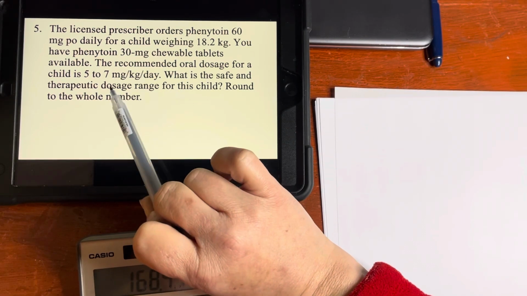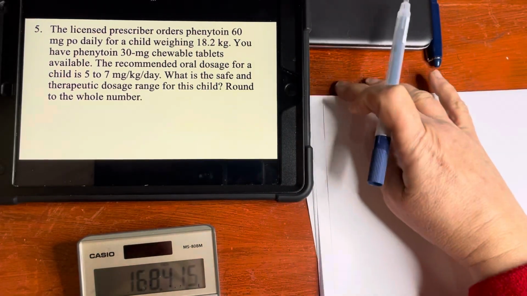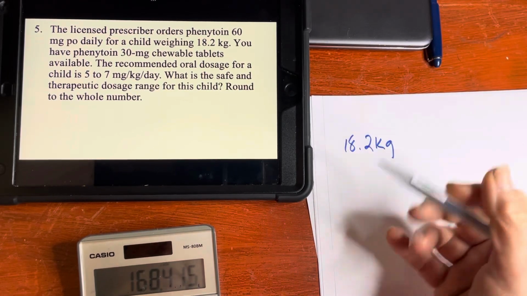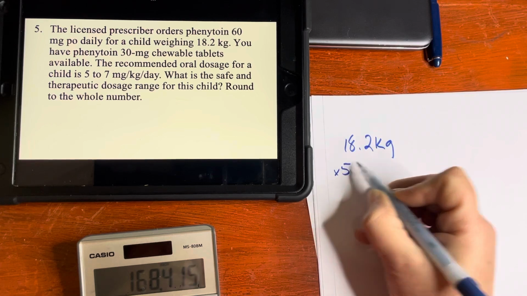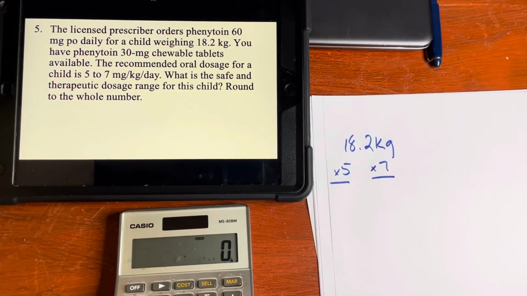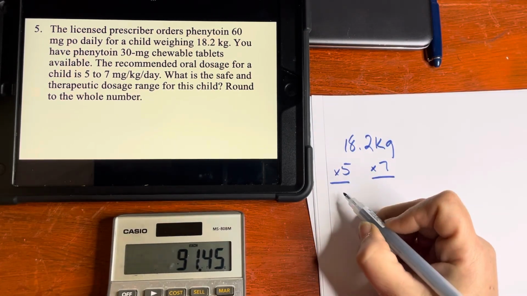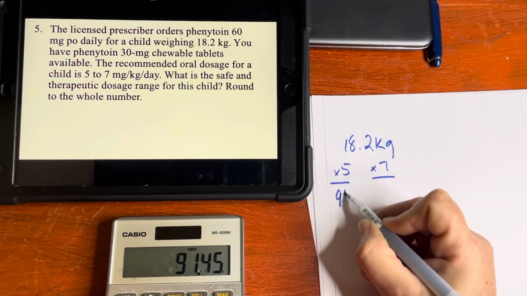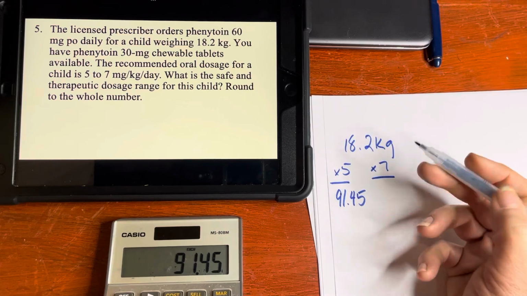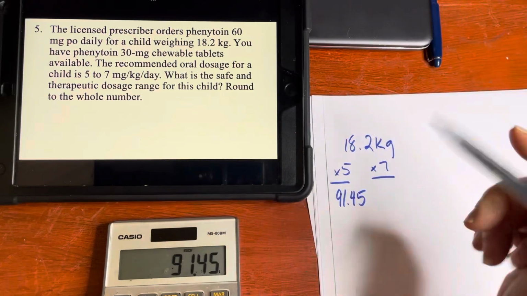So we're answering the question that they're asking, and they want us to do the safe dose range. So we have to take 18.2 kilograms and multiply it times 5 and times 7. So let's do that. 18.2 times 5, and it is 91.45. And she said round it to the nearest whole number.